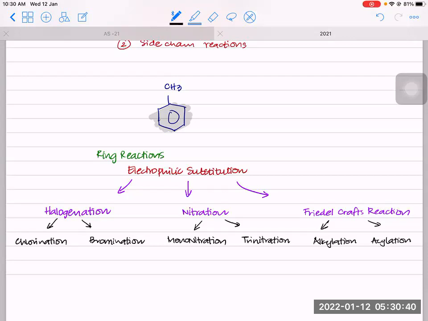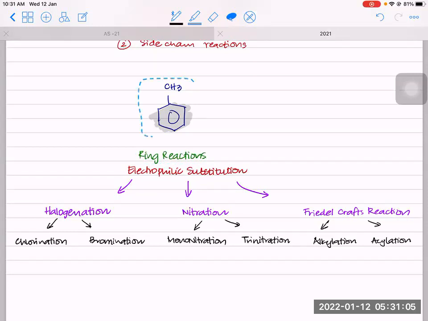What we don't have here is sulfonation. What we have extra, something different from benzene, is trinitration. Benzene had mono and di. This has mono and trinitration. These are the ring reactions. Clear? So these are the benzene ring reactions.